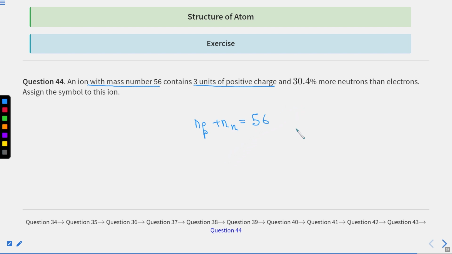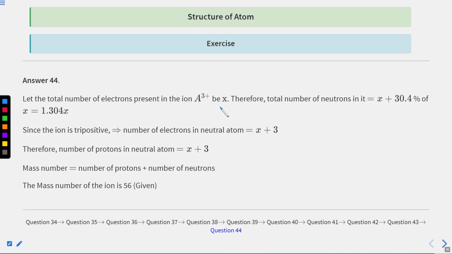Now the next thing that is mentioned is that number of neutrons is equal to 30.4x plus x. Now we'll solve it. Let the total number of electrons be x, so therefore the total number of neutrons will be this much.